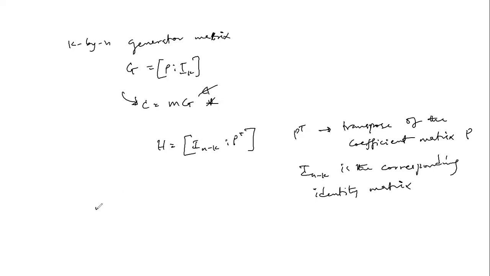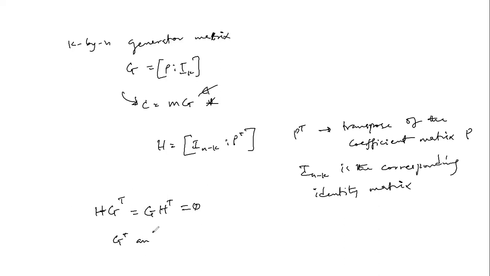Hence, the parity check matrix times the transpose of the generator matrix is the same as the generator matrix times the transpose of the parity check matrix, and this will be equal to 0.